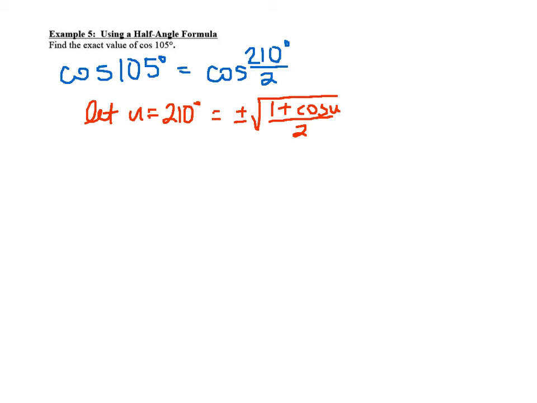And so we're just going to substitute in a 210 for u. And we'll get rid of the plus or minus here in a little bit. So you have a 1 plus cosine 210.